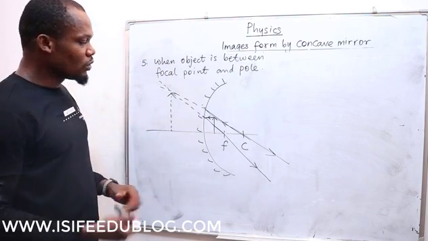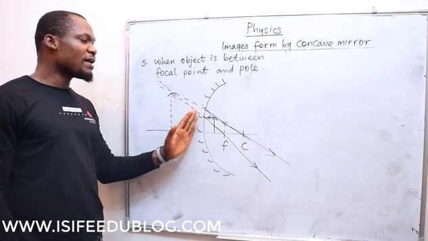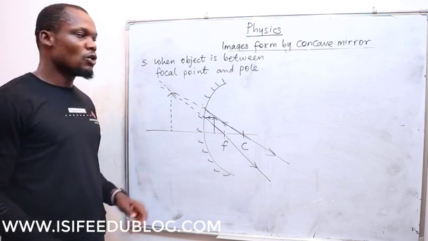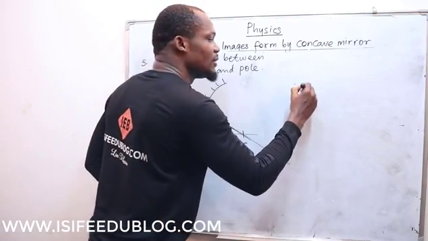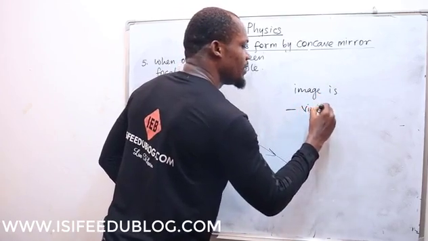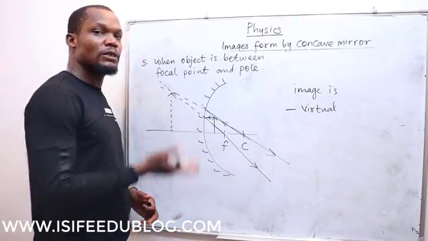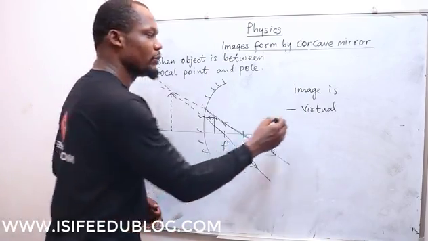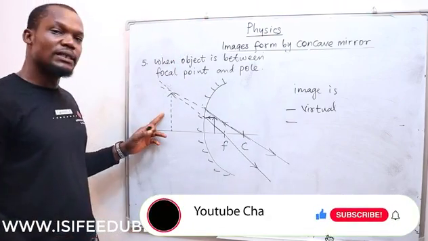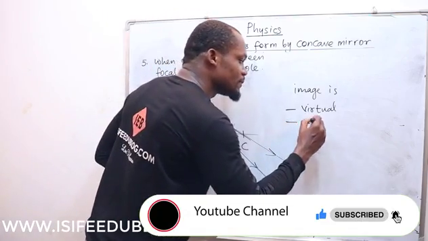If you take a look at this diagram, you can see that whenever an image is formed behind the mirror, we say that the image is virtual. Remember, virtual images are images that are formed behind the mirror. So take a look at this. Is it inverted? No. It is upright.